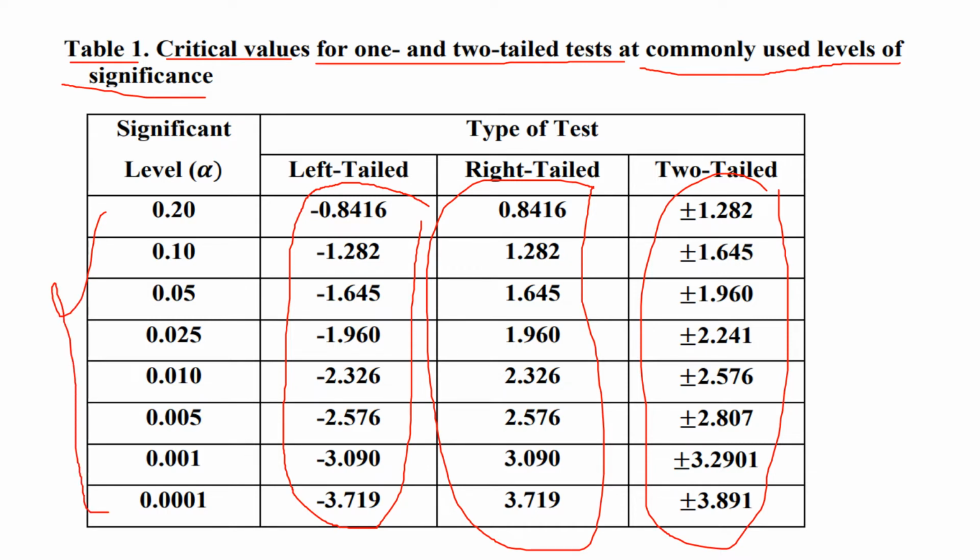At present, the most commonly used levels of significance are 0.10, which we can map to the 90% confidence interval, 0.05, which maps to the 95% confidence interval, and 0.01, which maps to the 99% confidence interval.